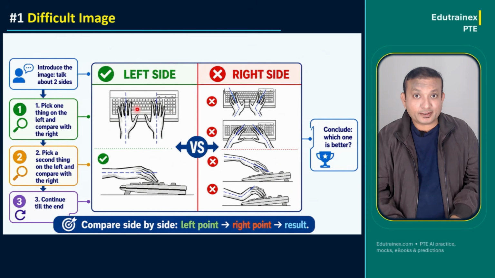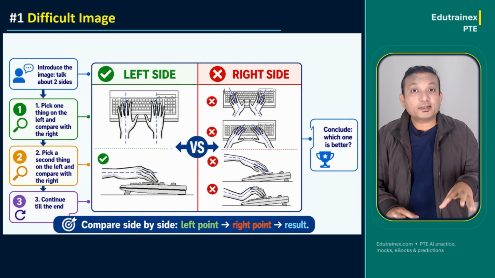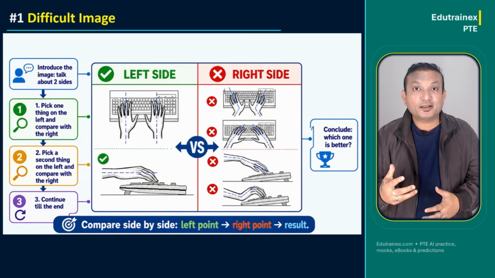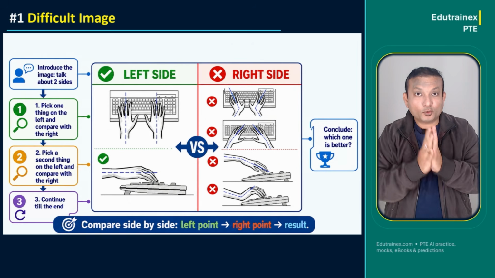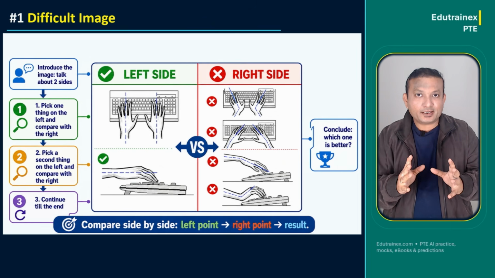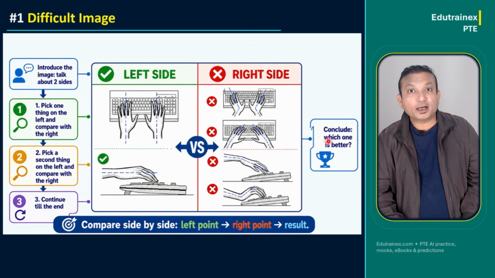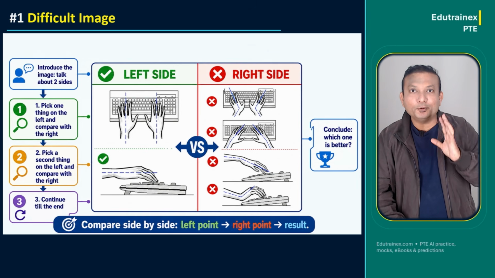So you can compare this with this first, this again with this first. There is another strategy as well, which I will cover in the later part of the video. But with these types of images, when there are similar images on both sides, this approach becomes much more effective. And then you can conclude whichever side you support or think is better.